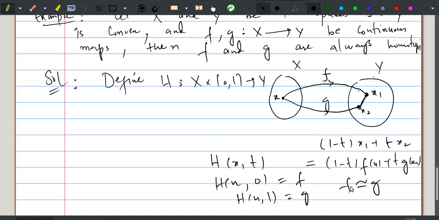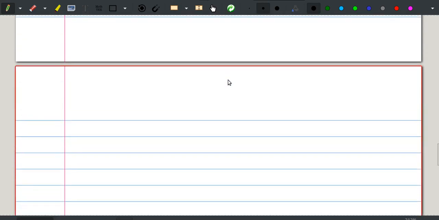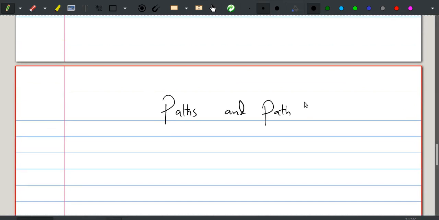Now let us define paths and path homotopy. By a path in our topological space X, we mean a continuous map.